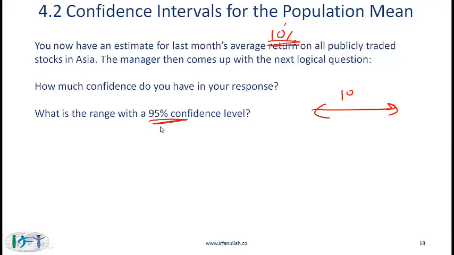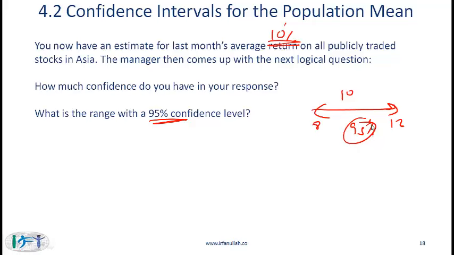What this means is, if you give a range from say 8 to 12 and you say you are 95% confident of this range, then if the manager goes and identifies 100 stocks at random, and only 80 fall within this range, then clearly you will be wrong. On the other hand, if the manager picks 100 stocks and 97% fall within this range, then you are okay with this statement.